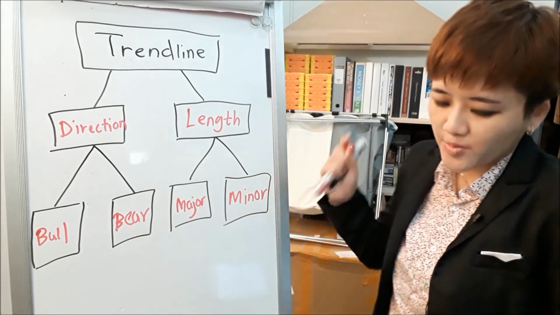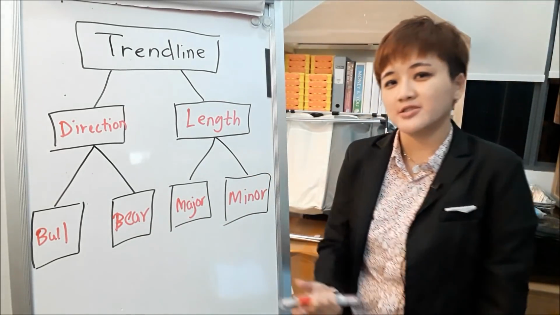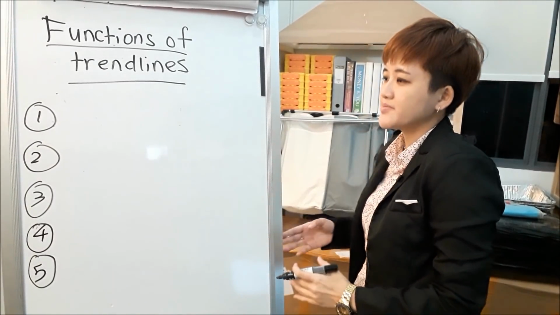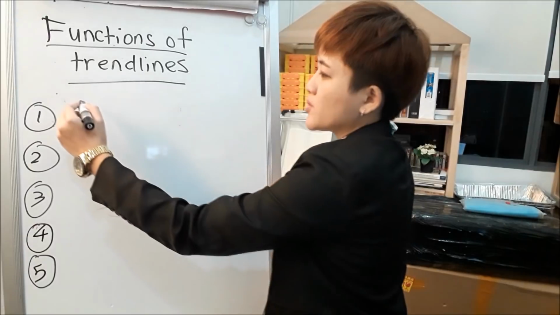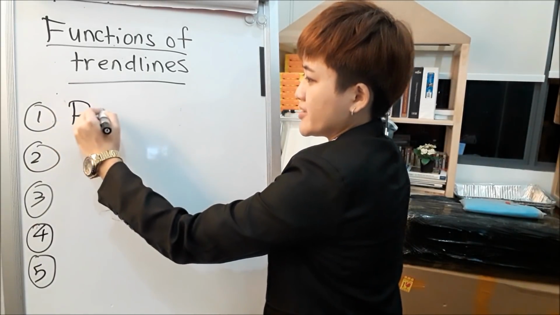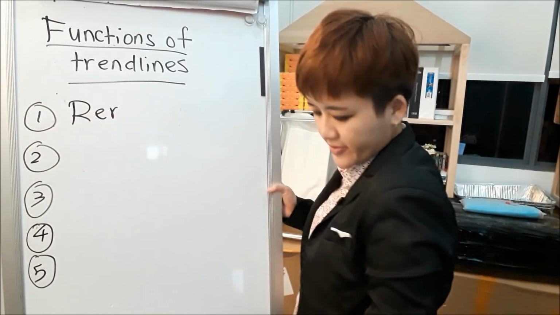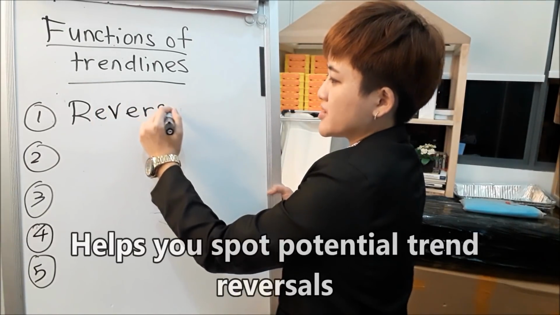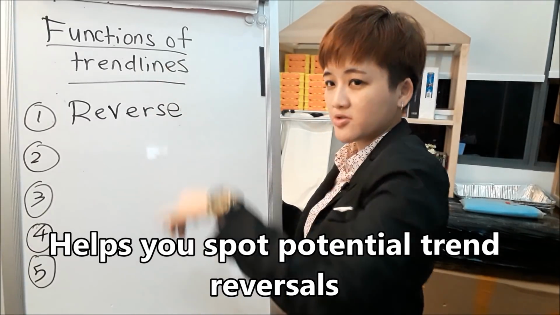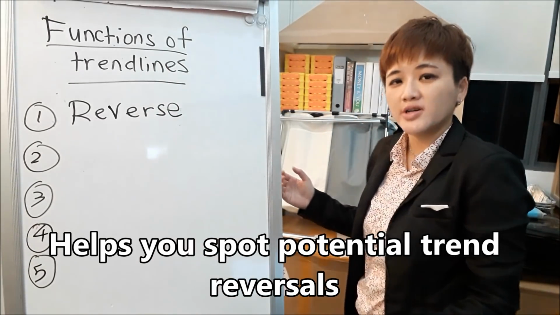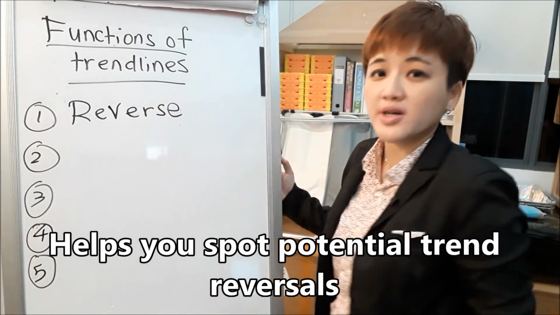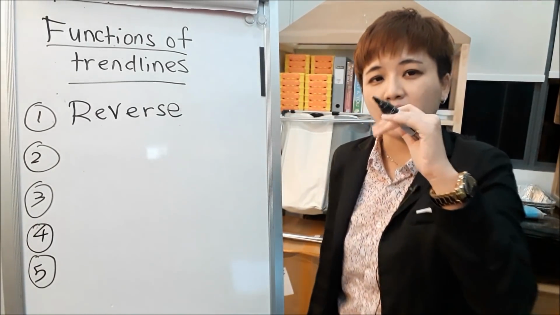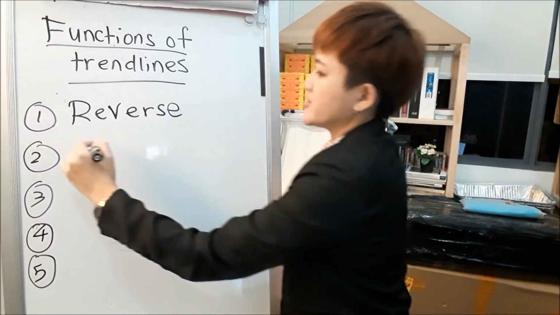Alright, so we've got to talk about what the function of trendlines is. The first function is it helps you determine when a bullish trend will reverse. When is a bullish trend going to reverse into a downtrend? When is a bearish trend going to reverse into a bullish trend? And also along the way in the bullish trend, you would have minor retracements.